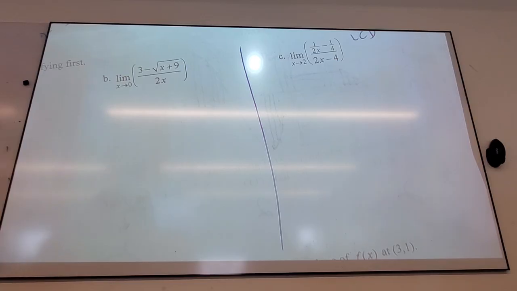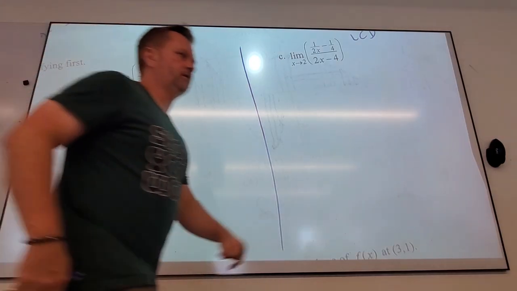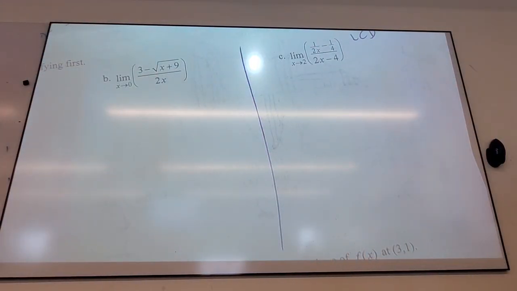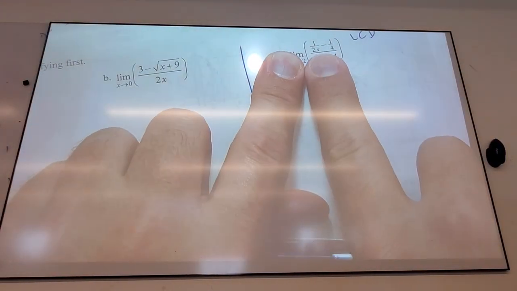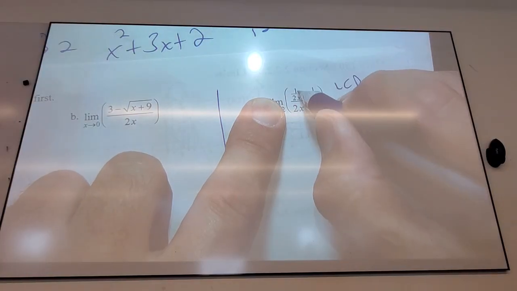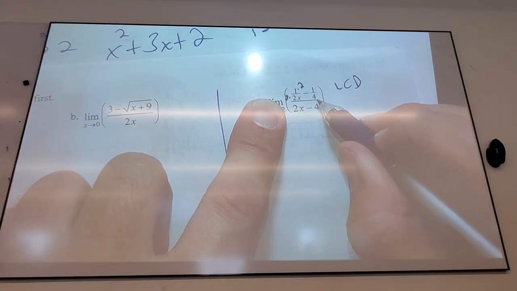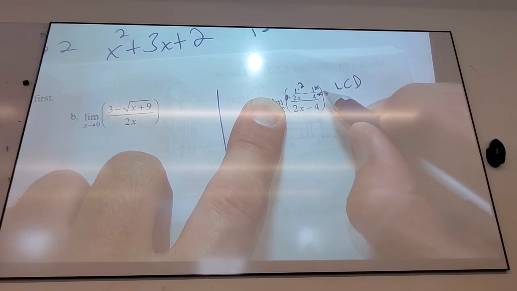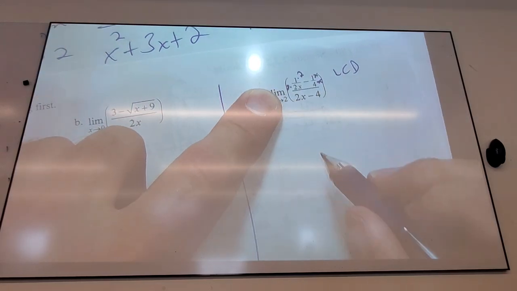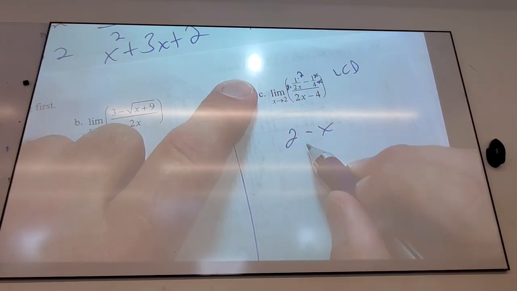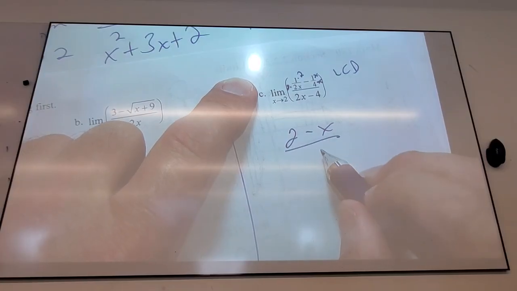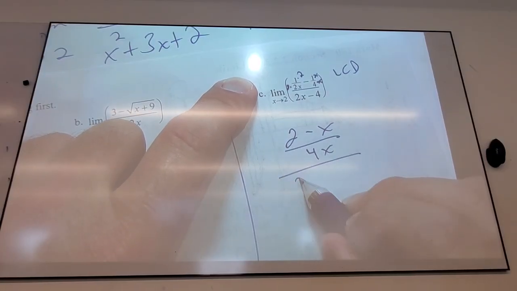They both need a 4, and they both need an X. So what's the first dude need? 2. So multiply him by 2 on top and bottom. What does he need? X. So multiply top and bottom by X. So then I get 2 minus X over 4X over 2X minus 4.